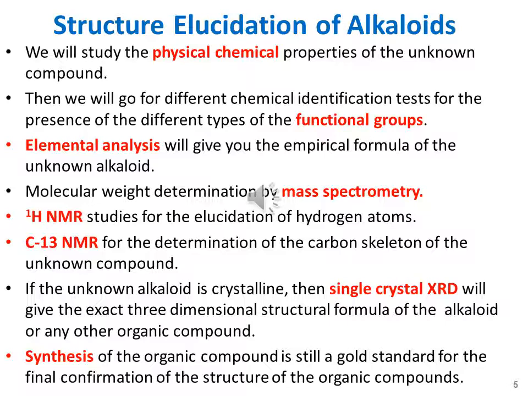So if your organic compound is crystalline, you may go directly for the single crystal XRD. If it is amorphous, then you may go for the elemental analysis followed by the proton and carbon 13 NMR studies. So this is the sequence that you will follow for the structural elucidation of any of the alkaloids.